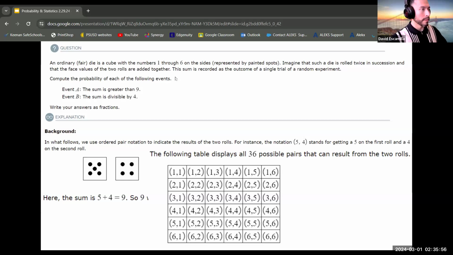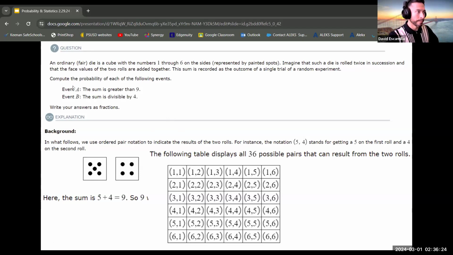In simpler terms, if you roll the dice and you got 5 and 4 in succession, then you would add 5 plus 4, which equals 9. That's what they mean by added together. The sum is recorded as the outcome of a single trial of a random experiment.